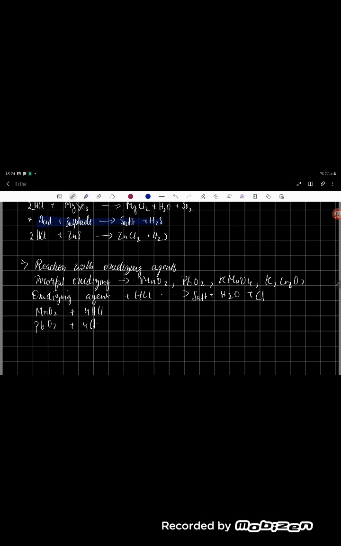With 4HCl, on heat, they will give you MnCl2 or PbCl2 respectively, 2H2O and Cl2.